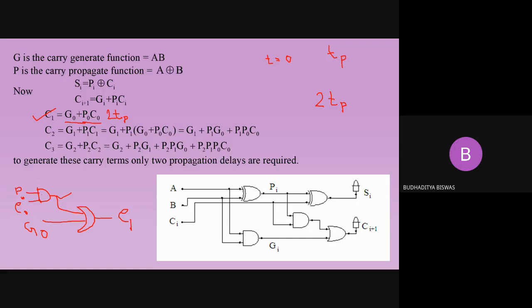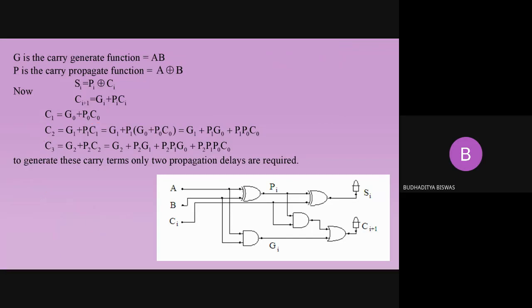So one TP is required for this AND gate, another TP for the OR gate. Sir, you said 2 TP because the P0 term was already there, so we don't need to generate it separately from AB with a gate? Right, it is not needed from AB. As I mentioned before, the P terms, C term, G terms, whatever be G1, G2, G3, all these terms are available.